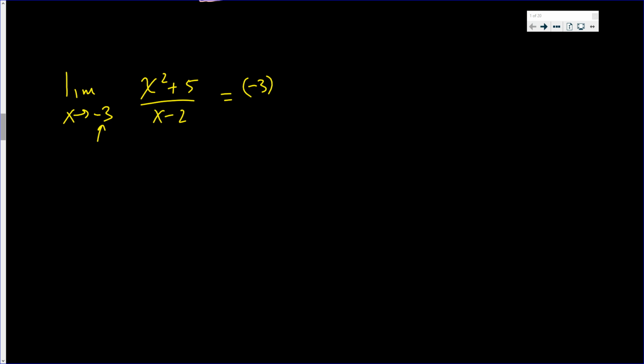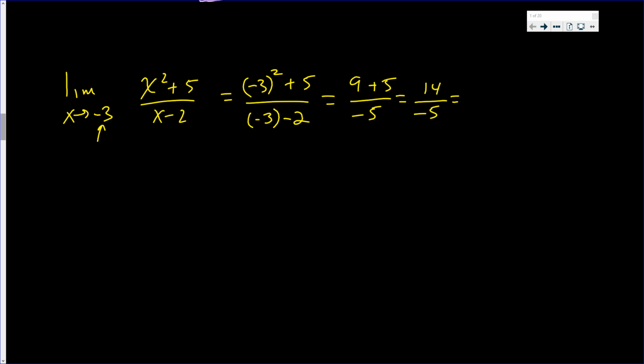That's 9 plus 5 over -5, which is 14 over -5, which is -14/5. That problem is done.